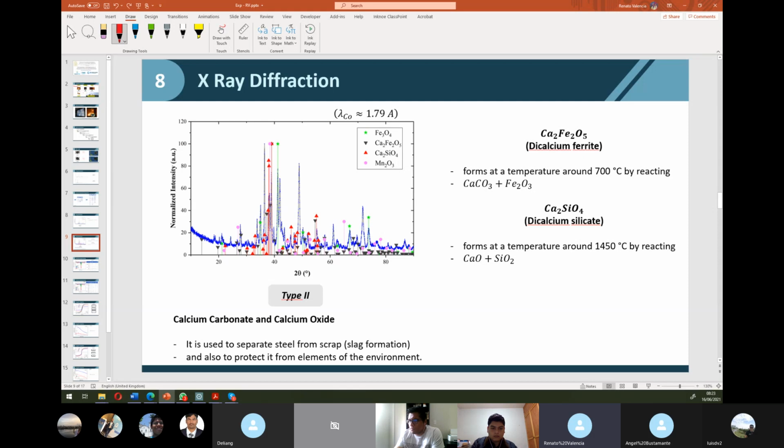These compounds are used to separate the steel from scrap, and also to protect it from elements of the environment.